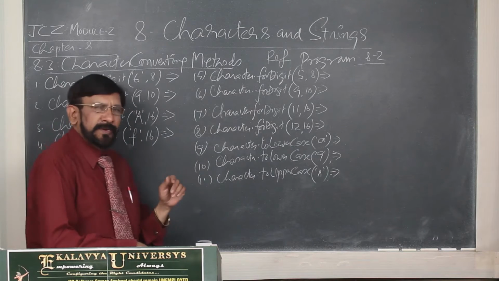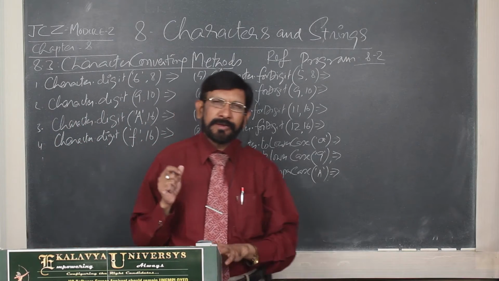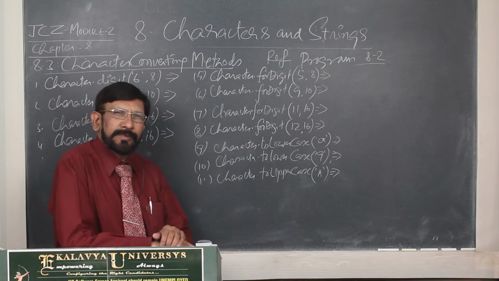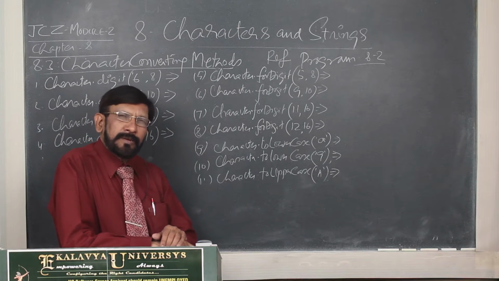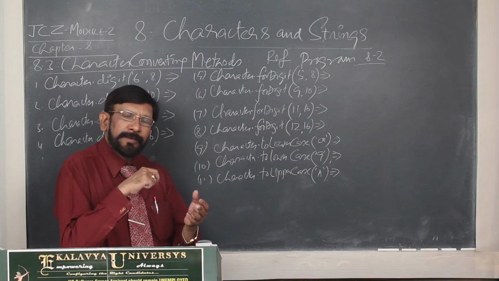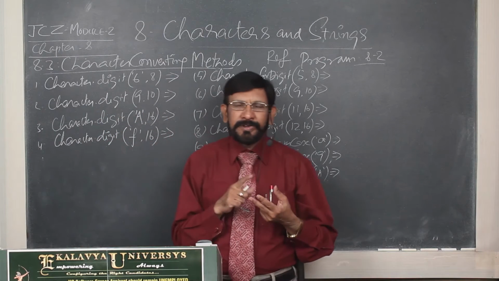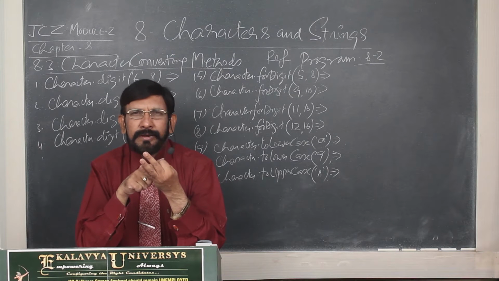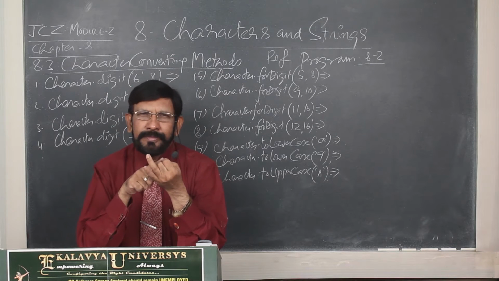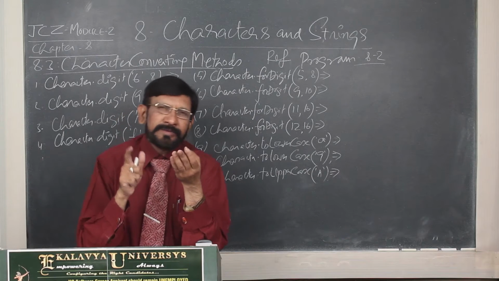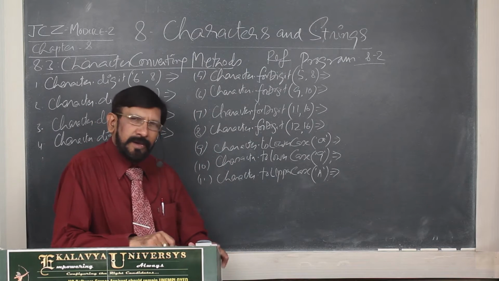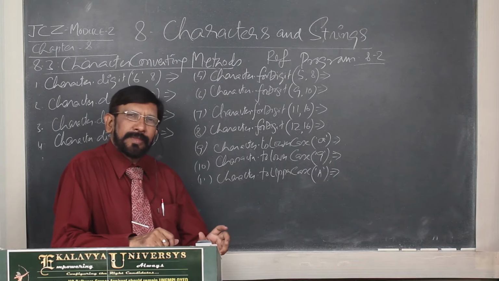Now, before explaining this, I have to introduce a concept called radix or base. You know, there are mainly three number systems: octal, decimal, hexadecimal. As far as octal is concerned, its radix or base is 8.